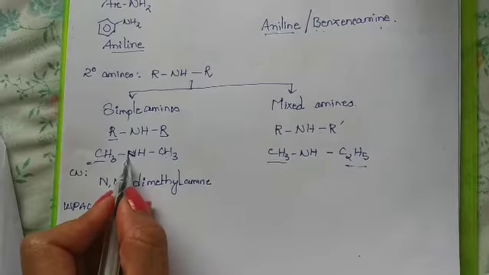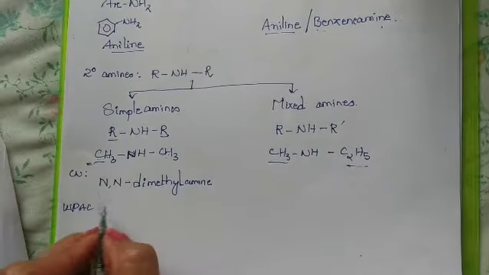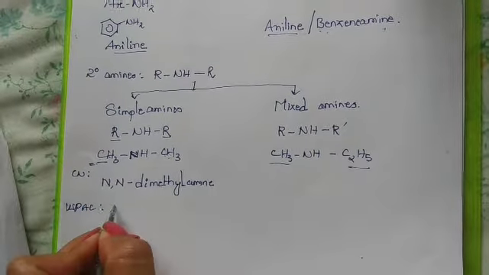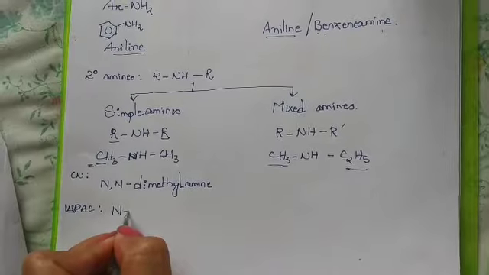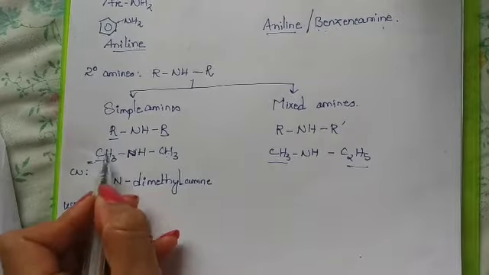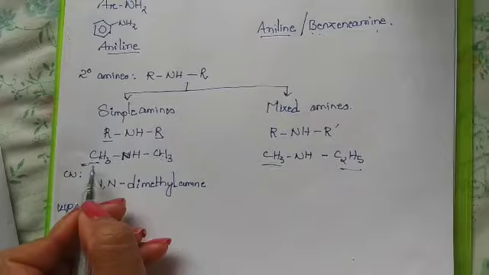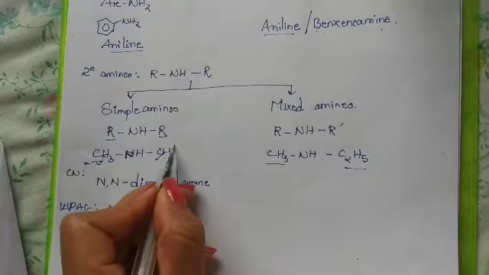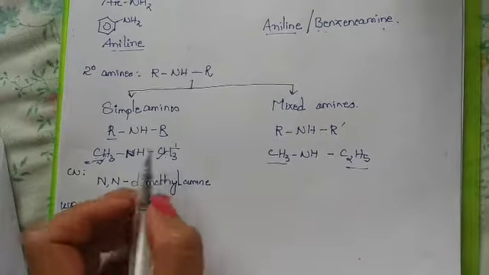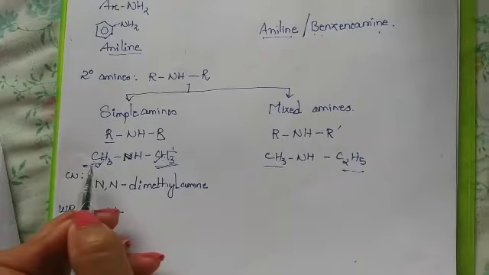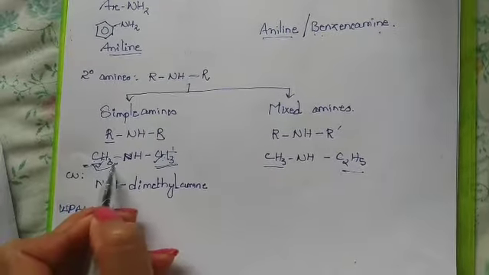Since the alkyl groups are attached to the nitrogen atom, and the two alkyl groups are the same, any one can be the main carbon atom. If we take this as the main carbon atom, the other is the substituent group.